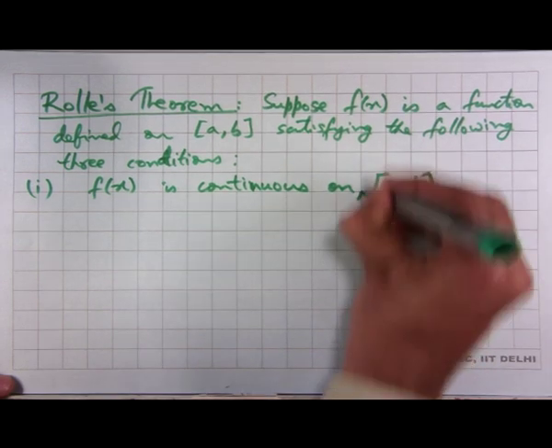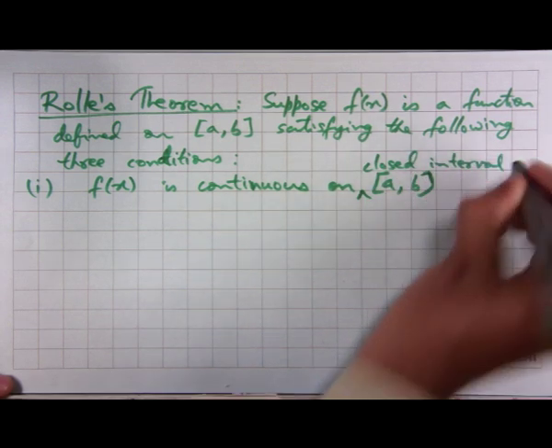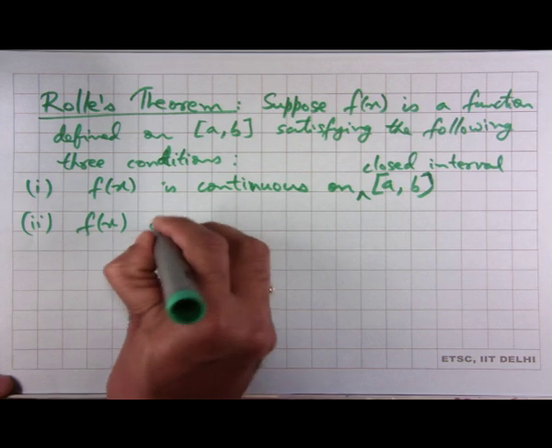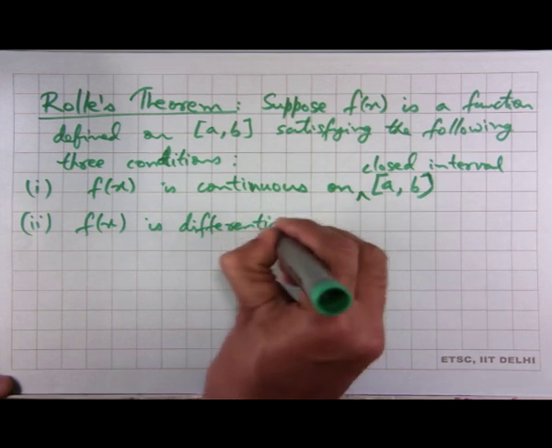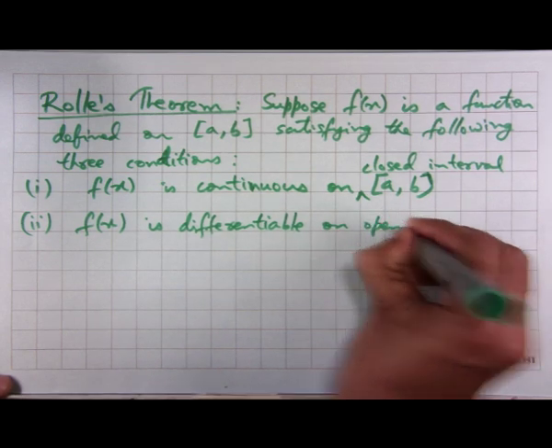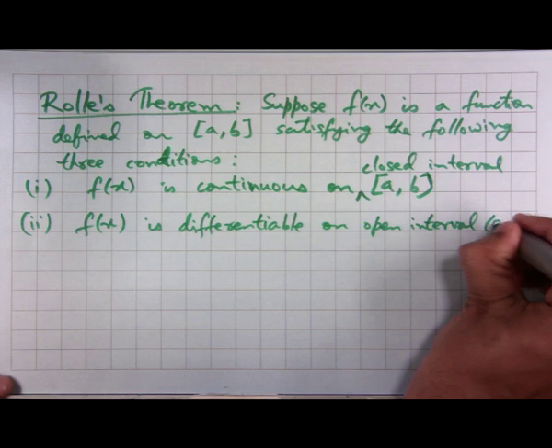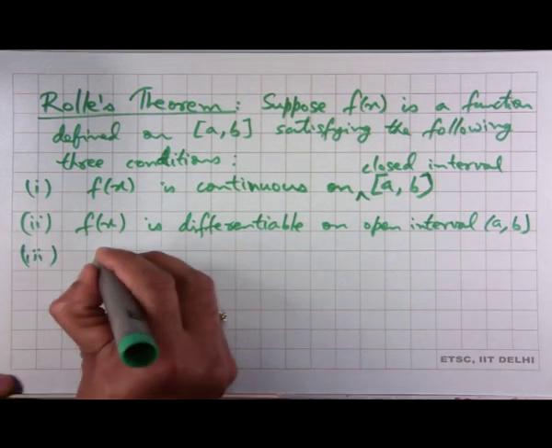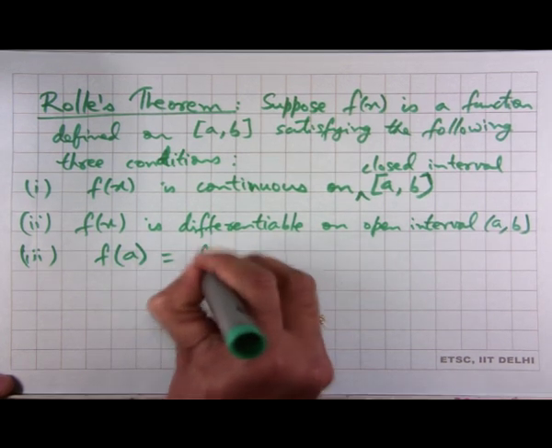Second, f(x) is assumed to be differentiable on the open interval (a, b), and the third condition is that the values of the function at the end points are equal, f(a) = f(b).